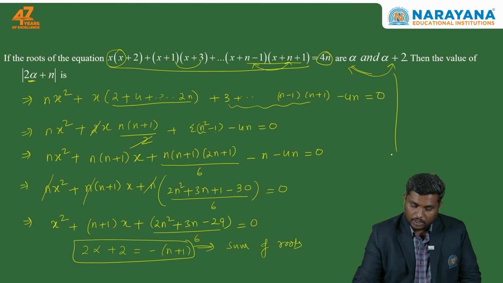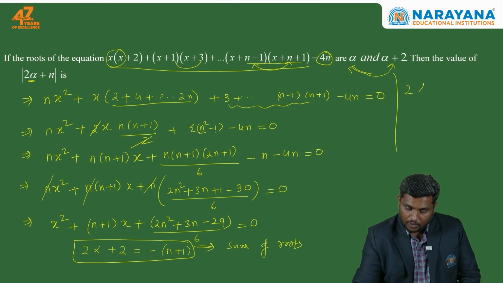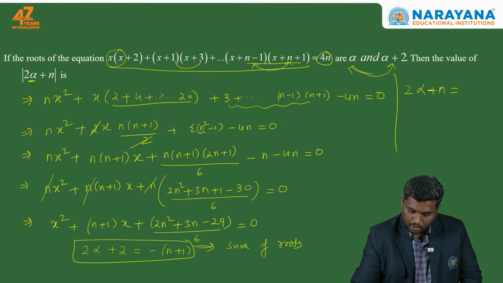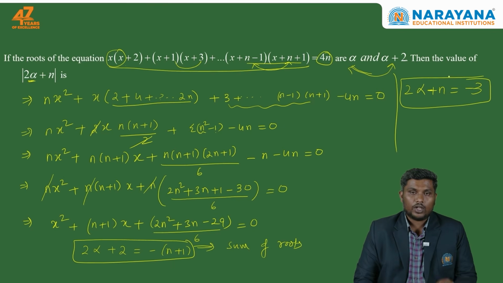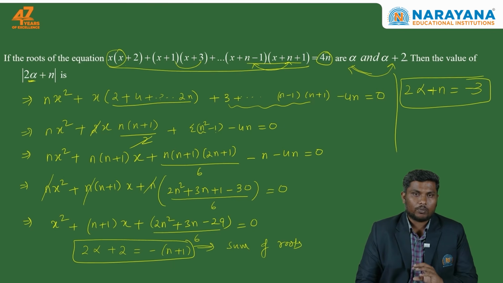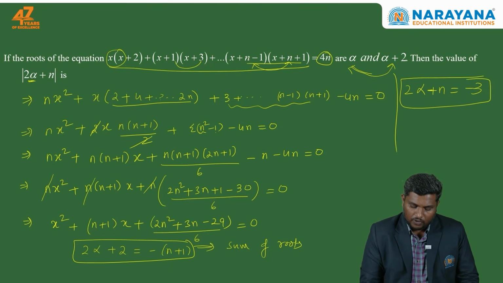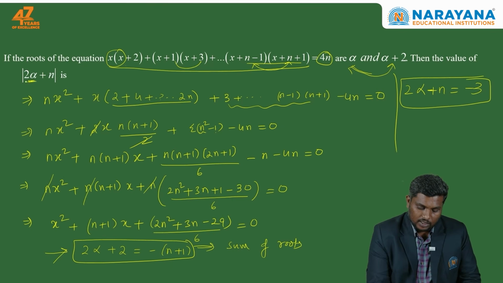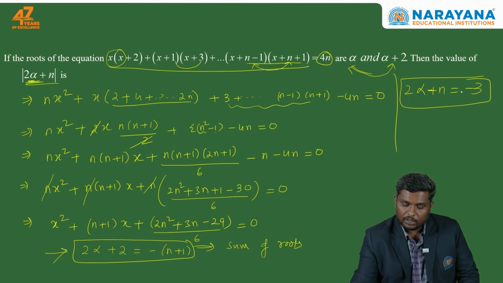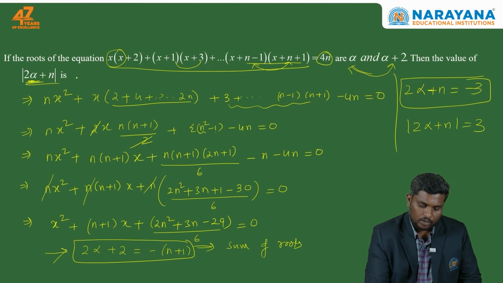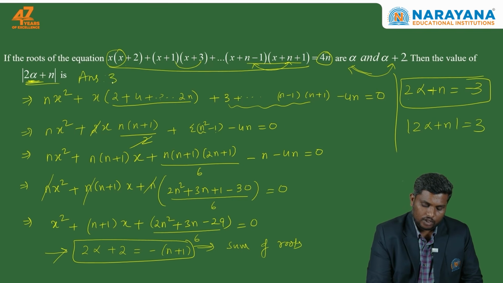Now you could clearly see 2 alpha, and this minus n, if it comes this side, plus n is equal to minus 3. So this is what he is asking, not too much. You don't have to find the roots, or put the product of the roots, all this condition. From this relation itself one could easily see what he is asking us to find is 2 alpha plus n. Now what is mod 2 alpha plus n? It is going to be 3. So the answer for this one is going to be 3.